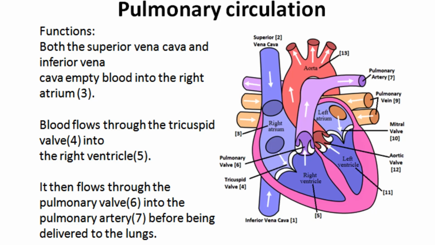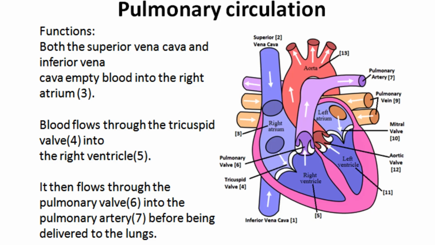So deoxygenated blood from the body is entering into the right atrium through the inferior vena cava and superior vena cava. Once blood enters into the right atrium, this is one of the 4 chambers of the heart.